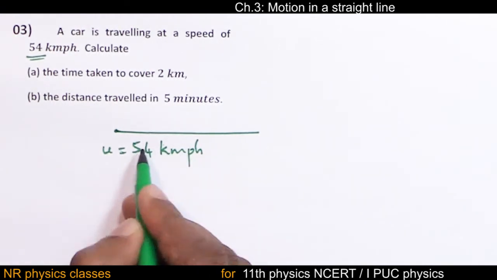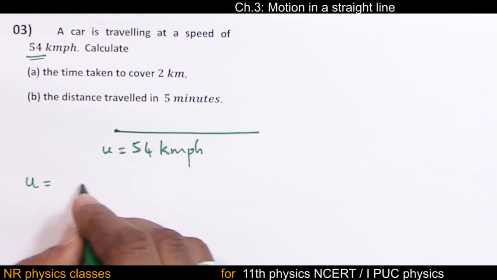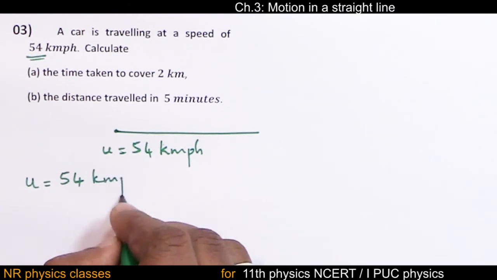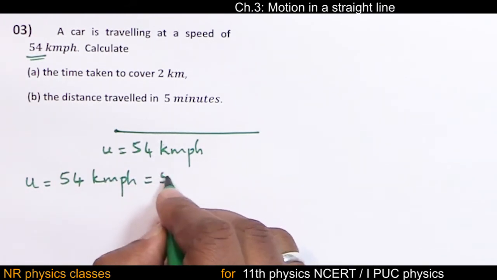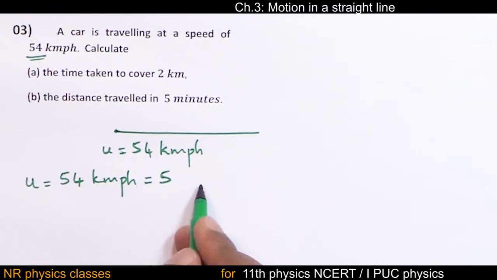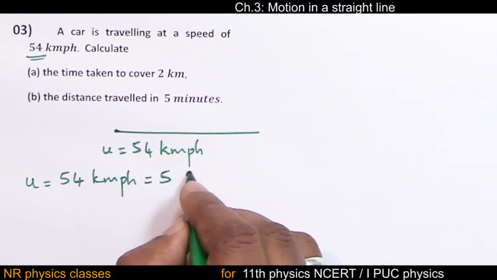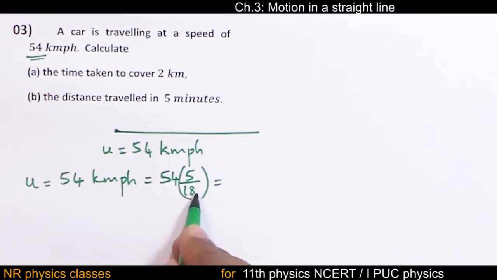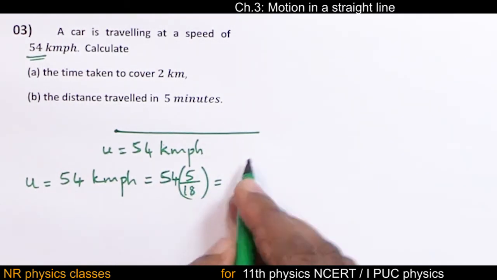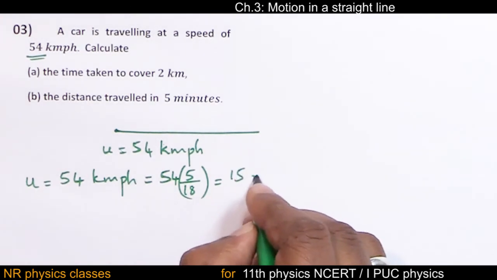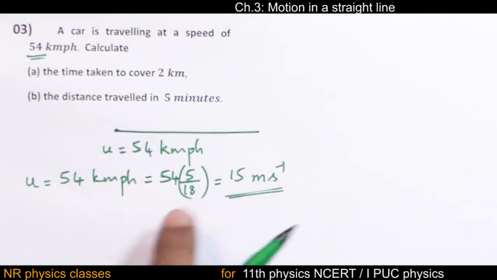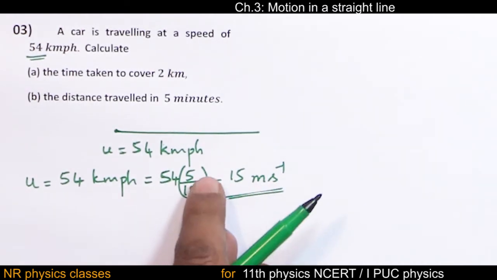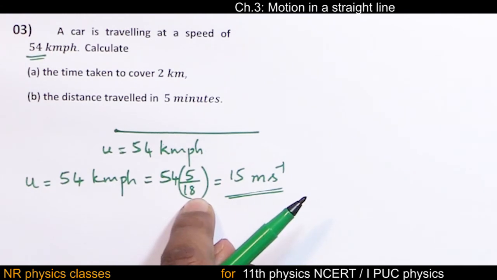Convert this to meter per second. 54 kilometer per hour, multiplied by 5 by 18. 18 into 3 is 54, 5 into 3 is 15. 15 meter per second. Remember this method: from kilometer per hour to meter per second, multiply by 5 by 18.